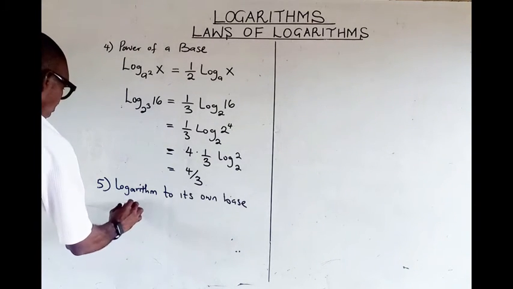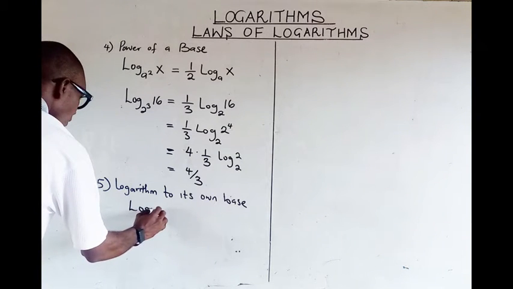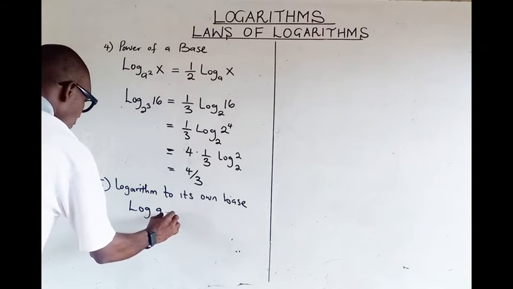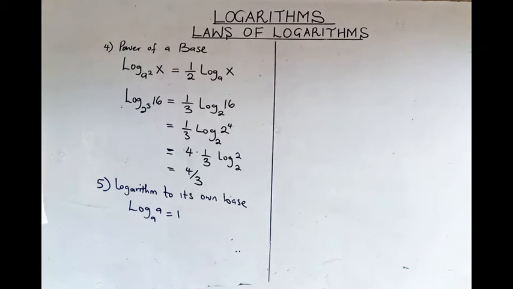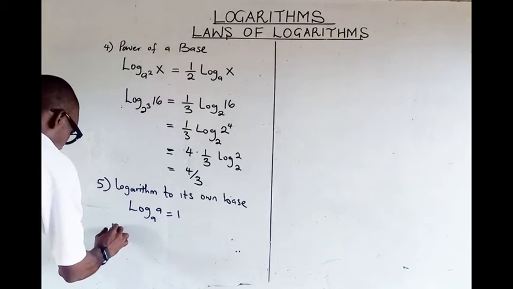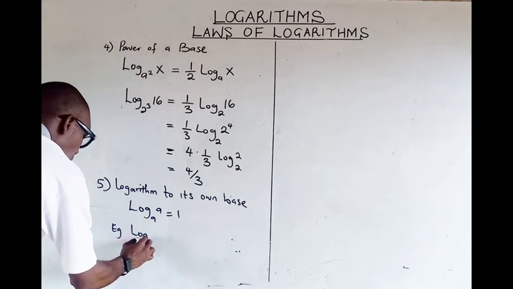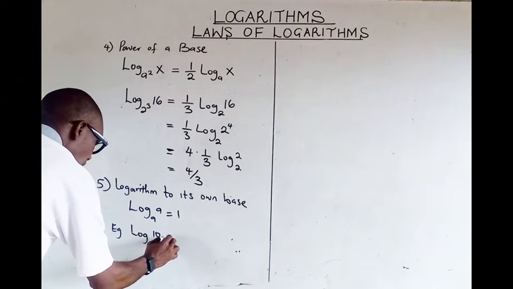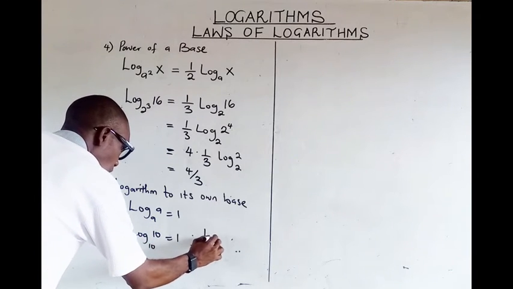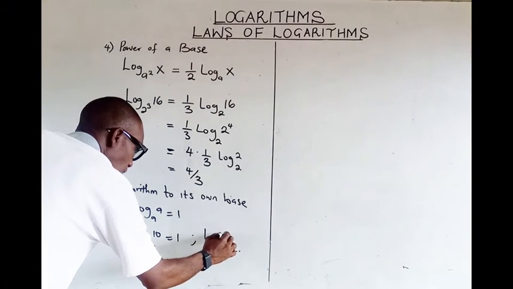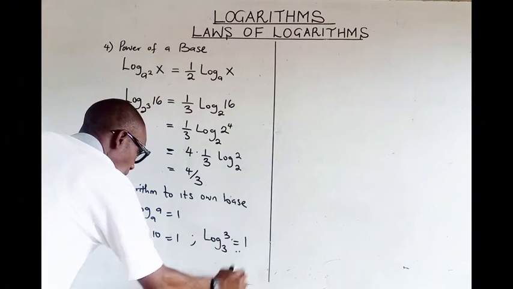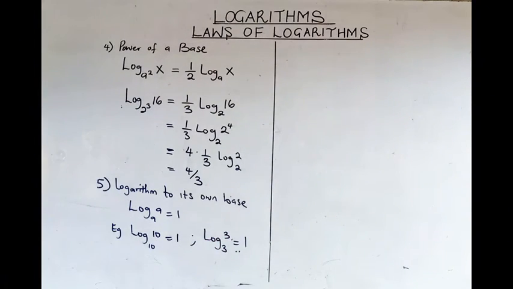Any log to its own base, say log a base a, is equal to 1. For example, log 10 base 10 is equal to 1. Log 3 base 3 is equal to 1, and so on.